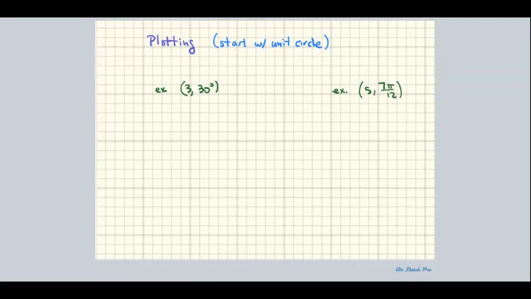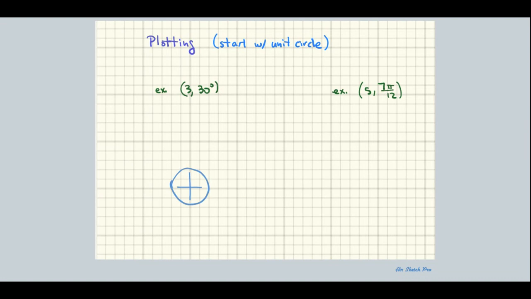Here's a couple of examples to get going. These coordinates: the radius is 3, and theta is 30 degrees. When I go to graph this, I'll start off with a center. Best bet when you're trying to graph these: start off by drawing a unit circle, just to work out a scale.